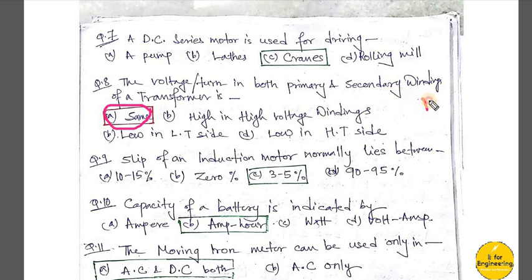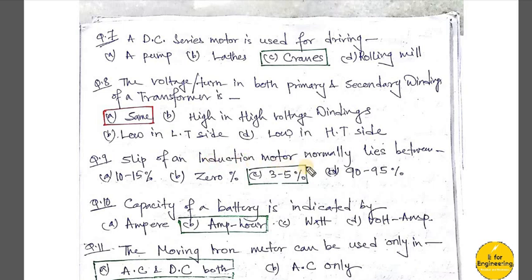The voltage turn ratio V by T is equal to 4.44 f phi. Here for a transformer, flux is constant and frequency is constant, so the voltage turn ratio is also constant.